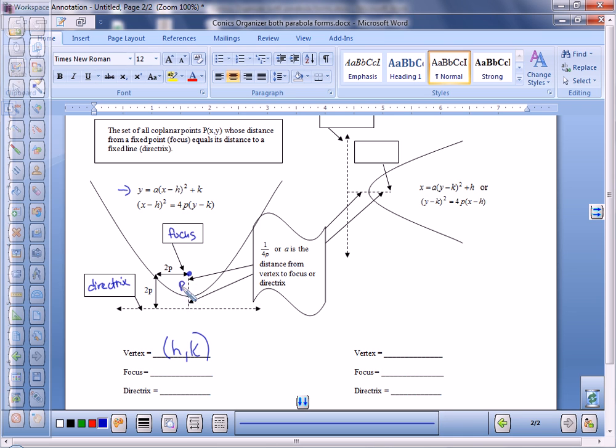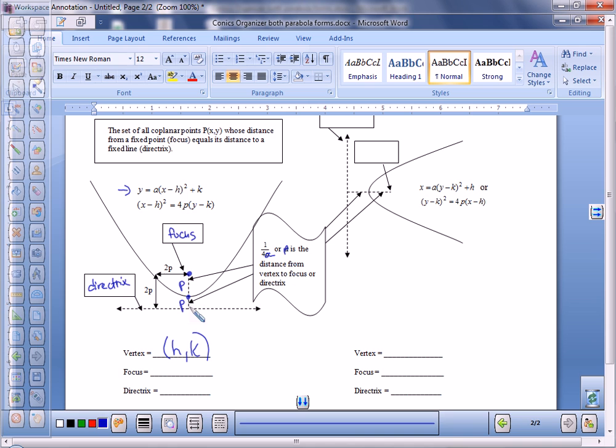This distance is called P. The distance from the vertex to the focus is equivalent to the distance from the vertex to the directrix. And I think I got these wrong. Got those flip-flopped. 1 over 4a, or P, is the distance from the vertex to the focus or the directrix.